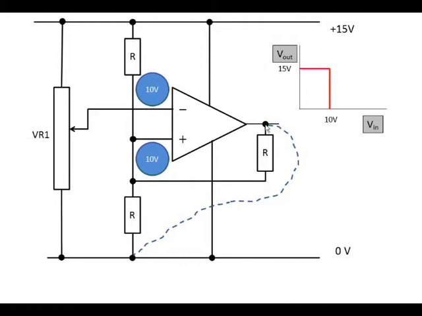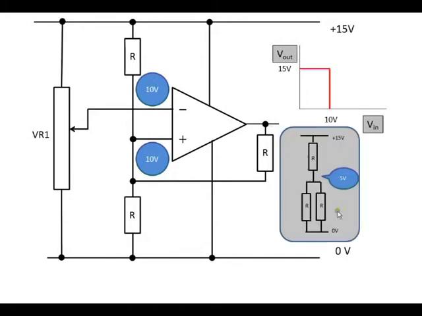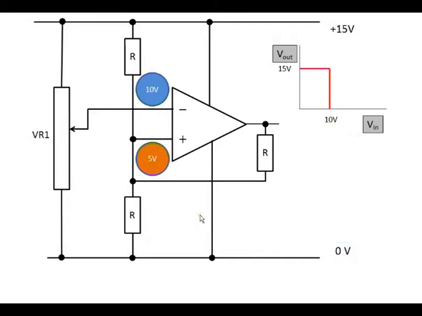This end of this resistor R is connected in effect to the 0 volt rail, and that creates a combination of resistors which looks like this, with the bottom two resistors now in parallel with each other, and the top resistor connected directly to the 15 volt rail. This combination of resistors with a 15 volt supply across it means that 5 volts now appears at the non-inverting input.